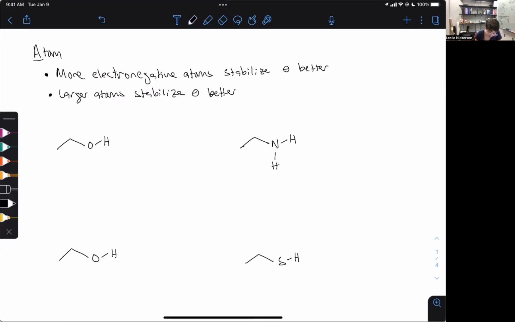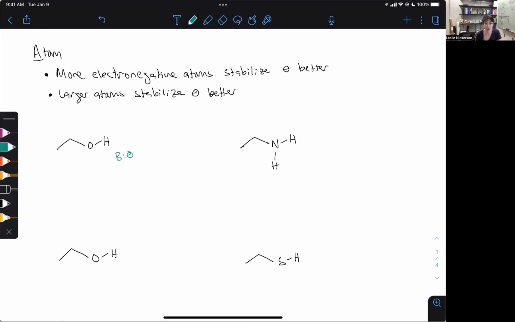So if I'm looking at the top two options, they're all neutral. If they're neutral, I need to do something to get them to a charged state. So in that case, I'm just going to pretend that I have a fake base here.